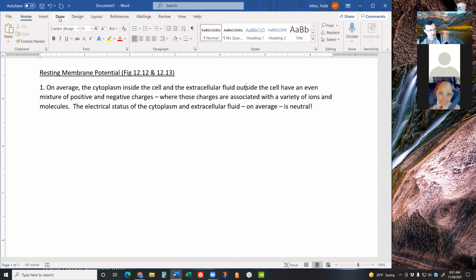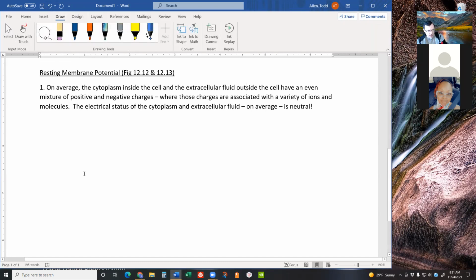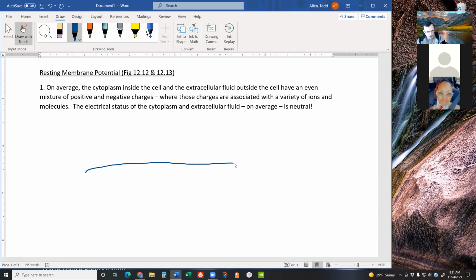What I'm saying here with statement number 1 is that if we have the plasma membrane of a cell here, and we have the inside of the cell right here, which is obviously the cytoplasm, and we have the outside of the cell here, which is the extracellular fluid.